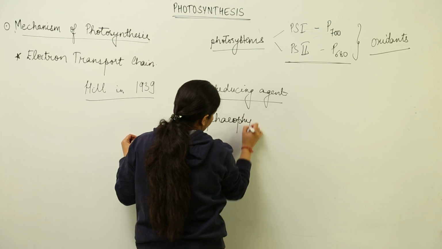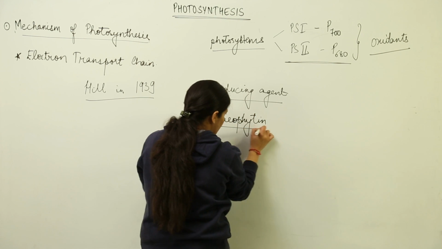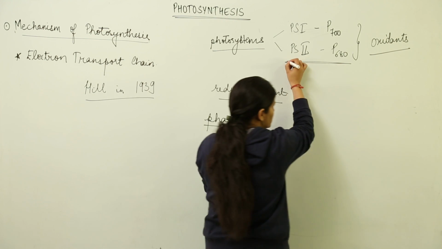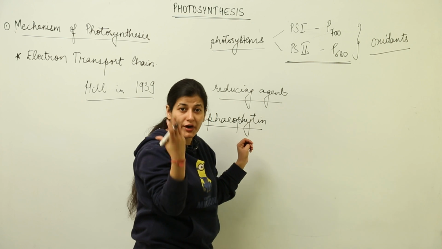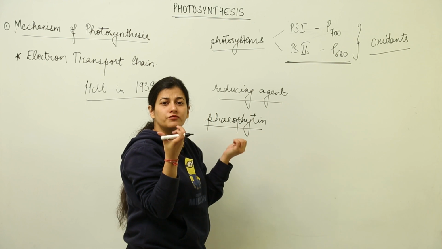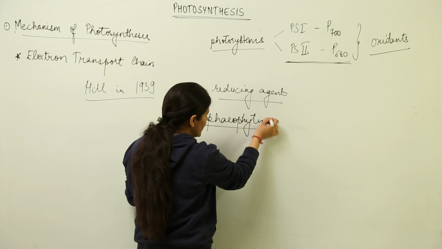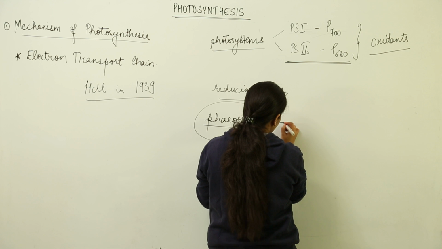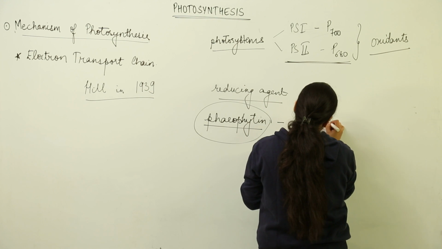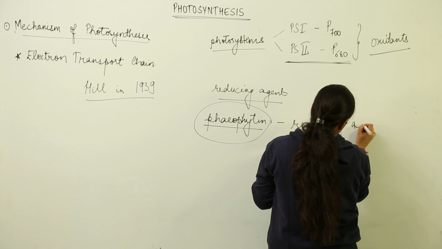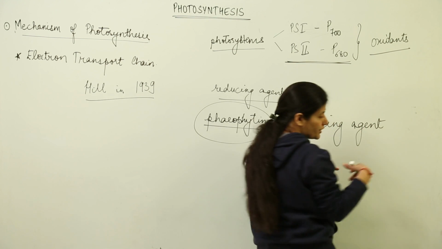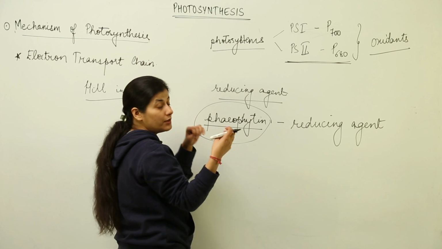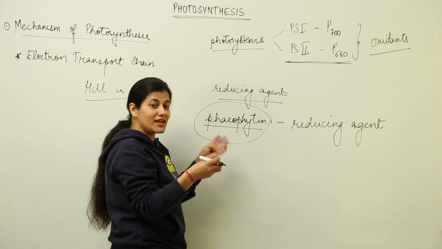Remember this term, pheophytin. As soon as it takes up the electron, it makes the photosystem a strong oxidant, that means devoid of an electron, ready to take up an electron from wherever it is available. And pheophytin, by taking up the excited electron, in turn becomes a strong reducing agent. That means it has an extra electron and is ready to give it to another agent which would take up that electron.